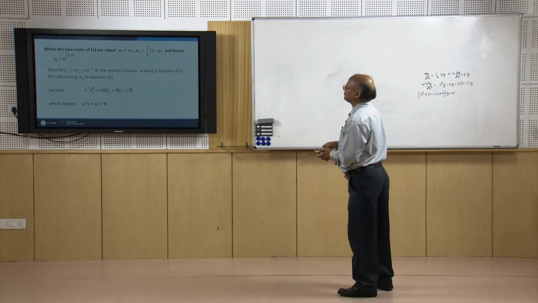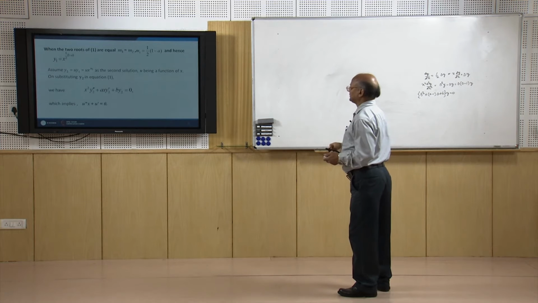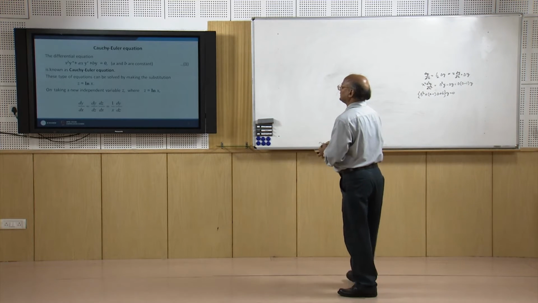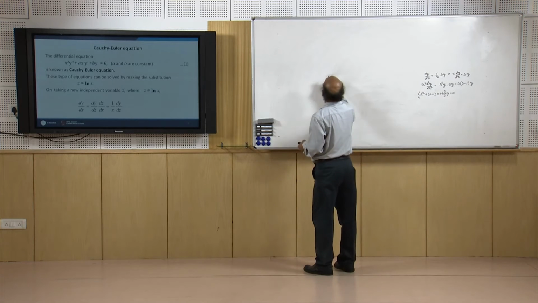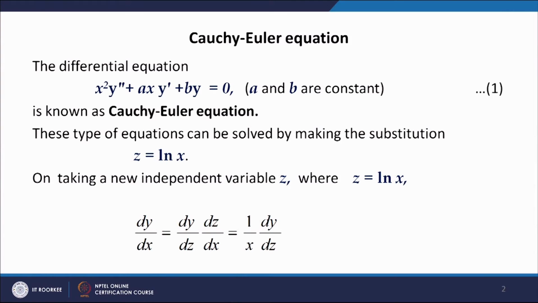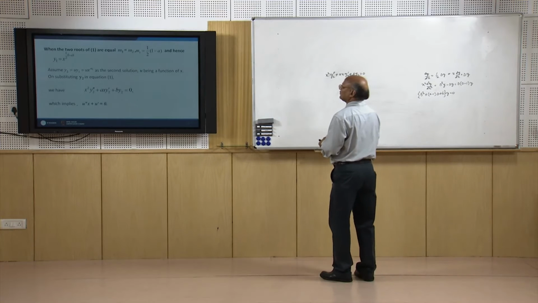Okay, so our differential equation is x square y2 double dash plus a x y2 dash plus b y2 equal to 0, and we have assumed y2 equal to u times y1.